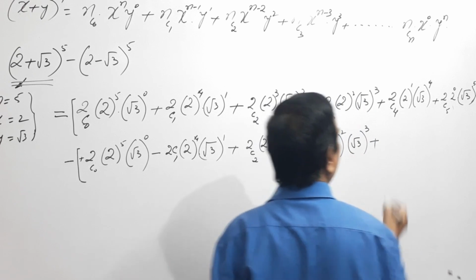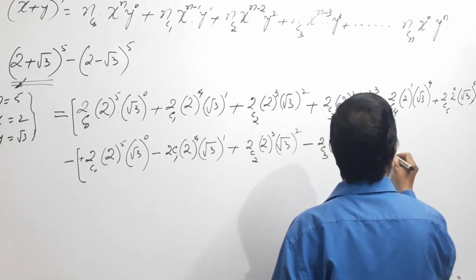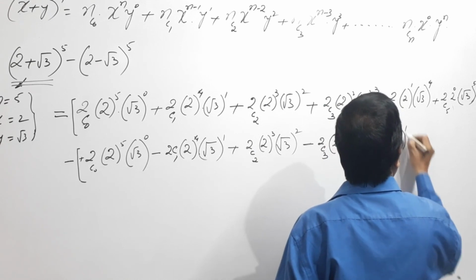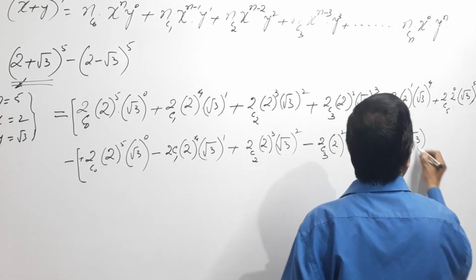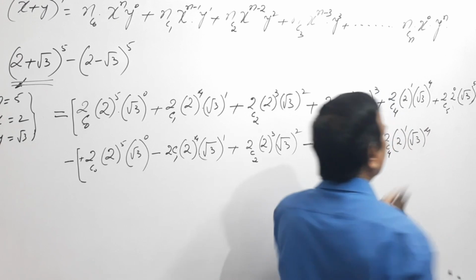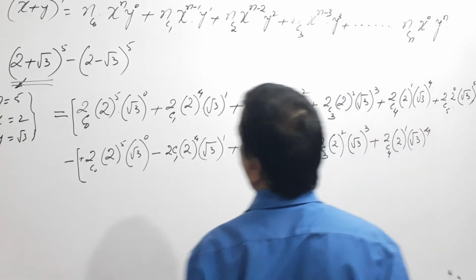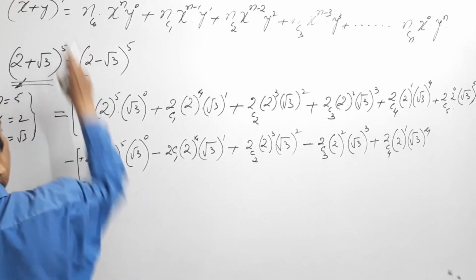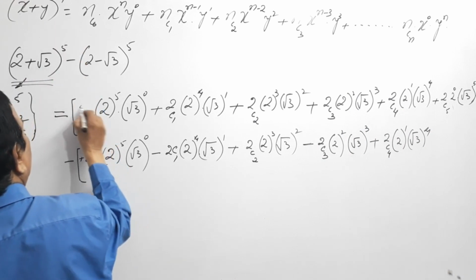Now plus 5C4 2 to the power of 1 root 3 to the power of 4, 5C5. Sorry, make this nC5.